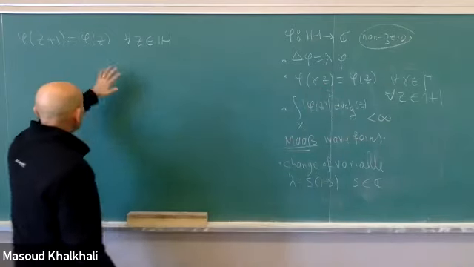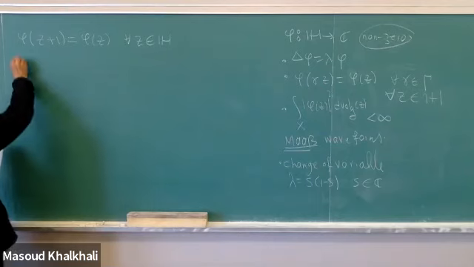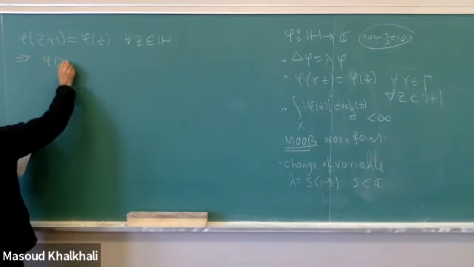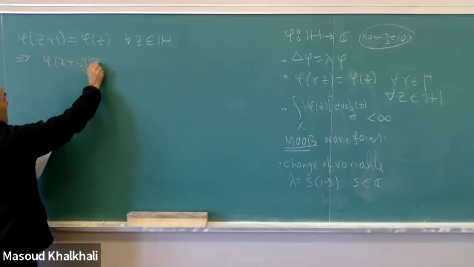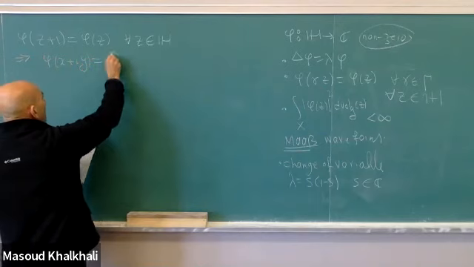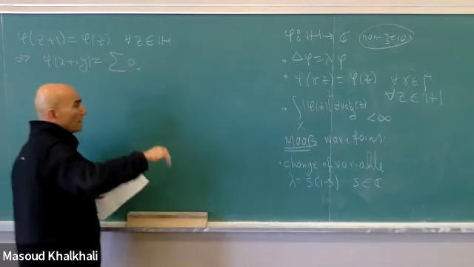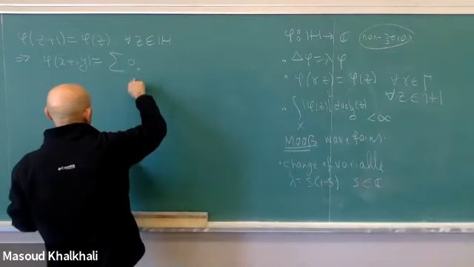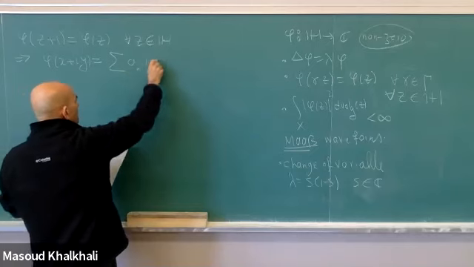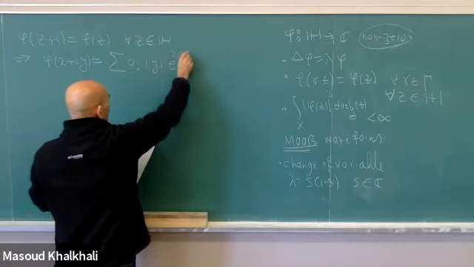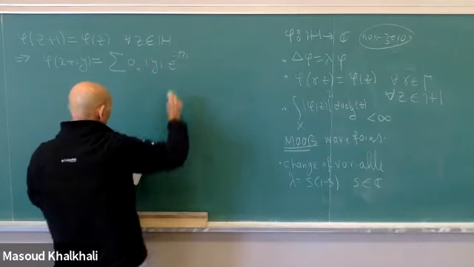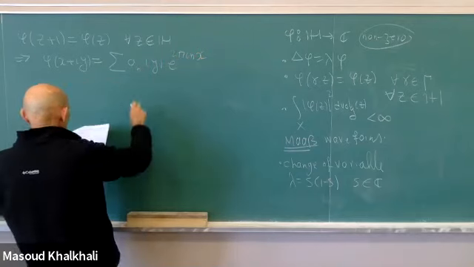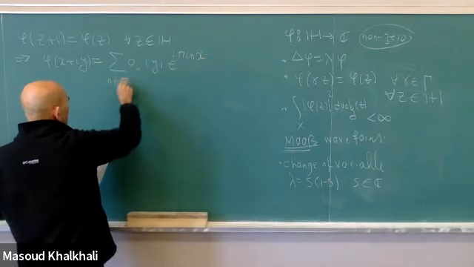So it means that we can Fourier expand, and you can write phi of x plus iy as a sum of a_n of y times e to the 2 pi i n x, with n belonging to Z. At each level you can expand, but the coefficient depends on y.